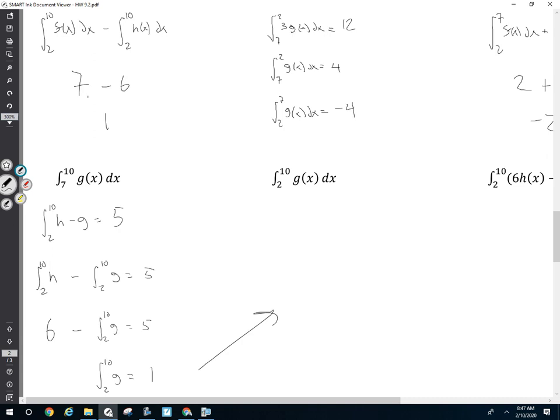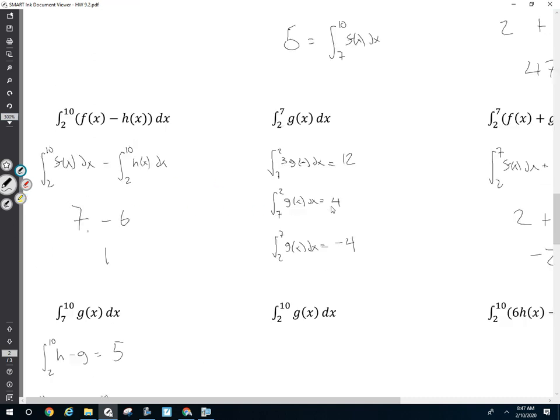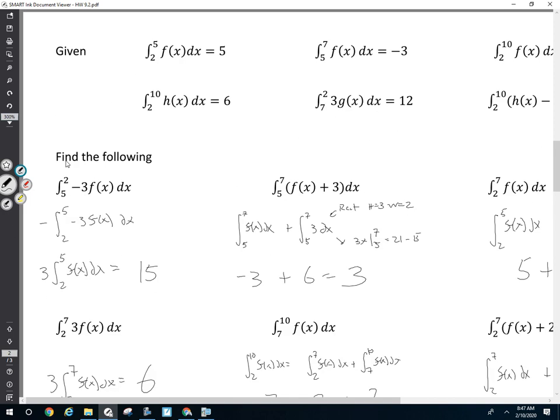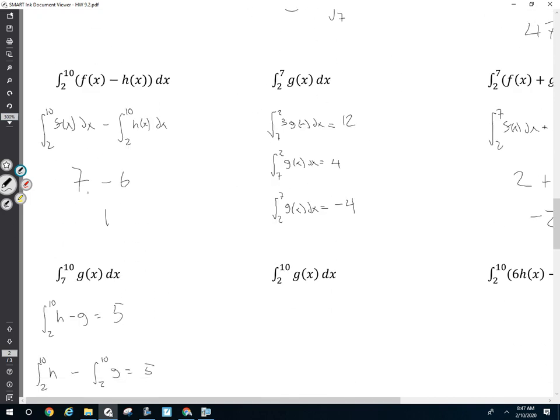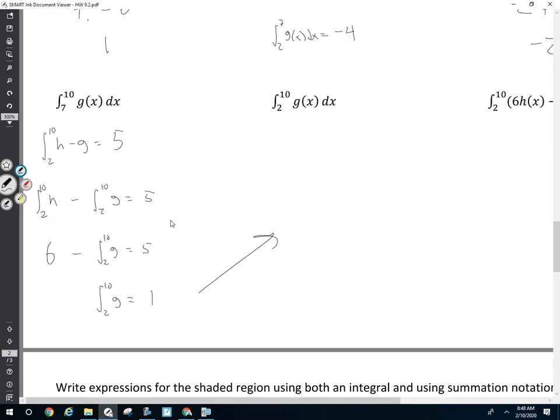I know what 2 to 7 of g is. These are probably in opposite order. Yeah, I know 2 to 7 of g. So 2 to 7 of g plus 7 to 10 of g will equal 2 to 10 of g.